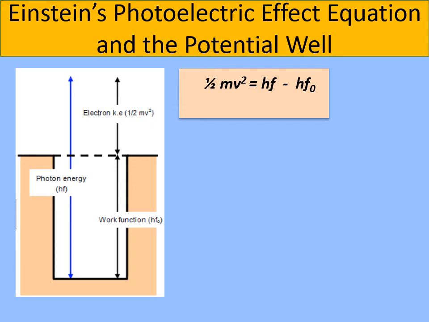So we can replace the phi work function symbol with hf0, where f0 is the threshold frequency for that particular metal.